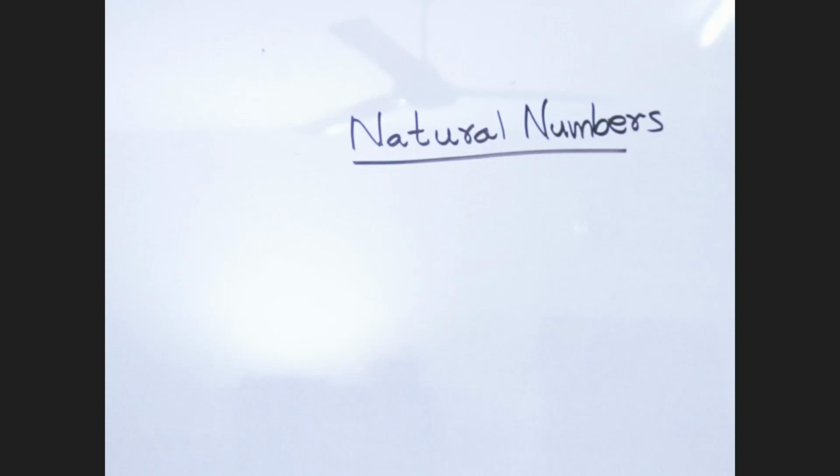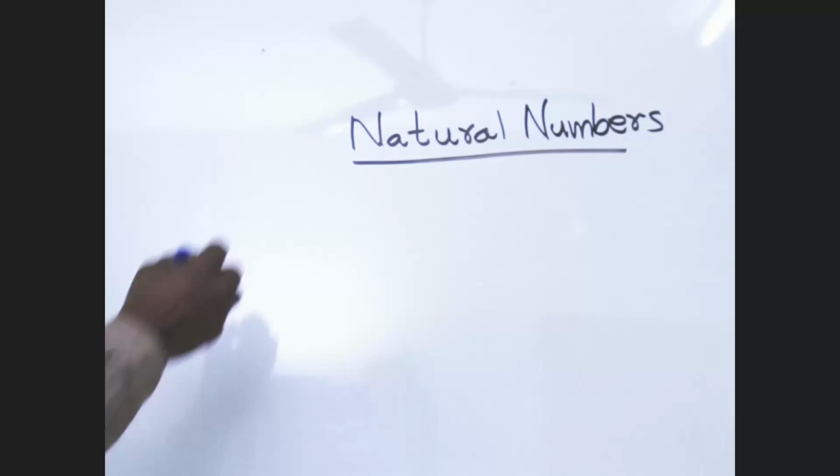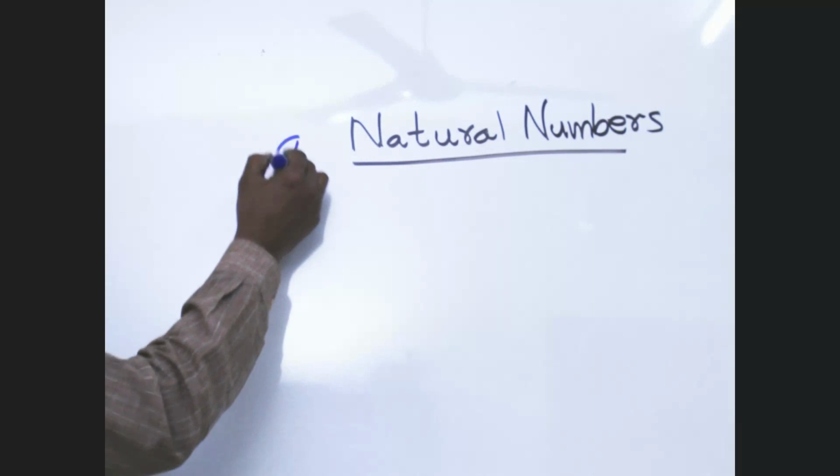So we have explained the sets of the number system. The first one is the natural number.